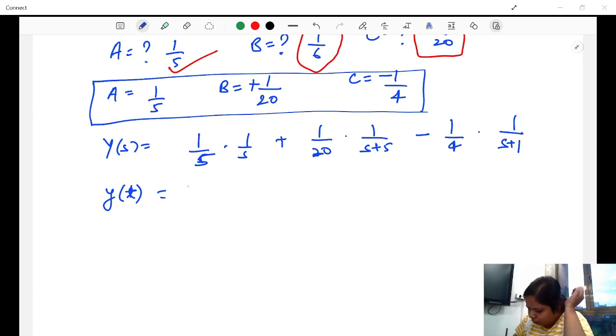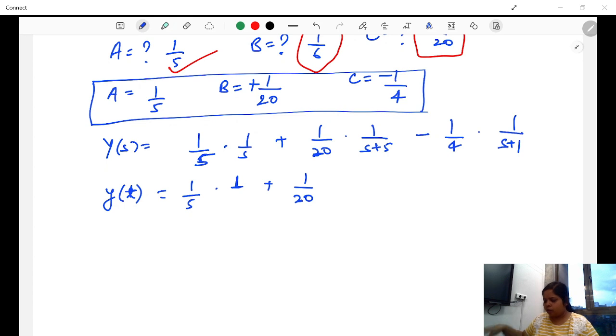If you remember, for what response you had got Laplace transform to be 1 by S? U(t), ma'am. So here it is a unit step. For what time domain function in the table you would get 1 upon s plus 5?